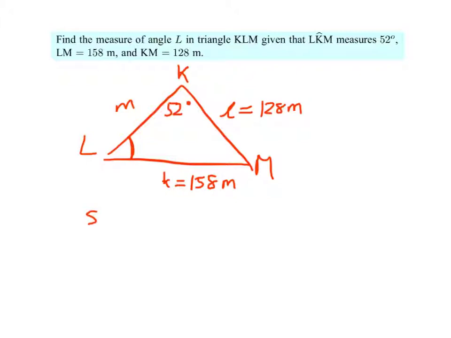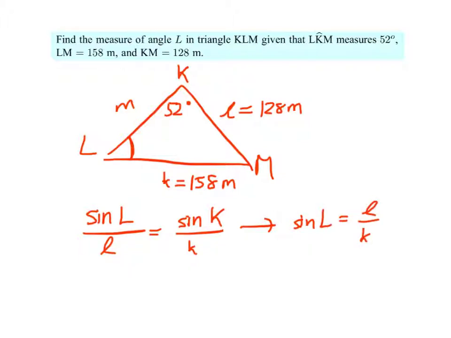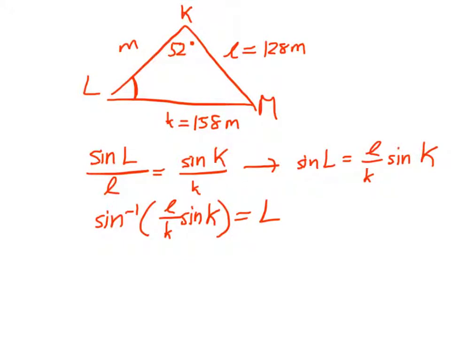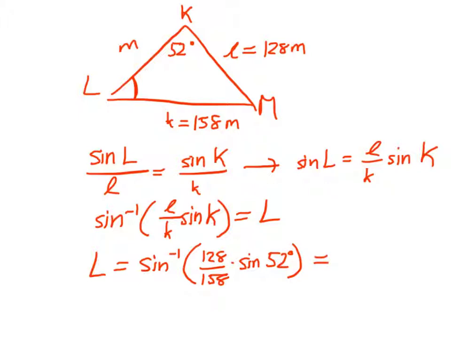So let's set up our sine rule. Again, starting with our unknown, we want sine of L over side L equals the sine of K, because that's the other angle we know, over side K. Doing a little bit of rearranging, we see that sine L equals L over K times sine K. And again, I can take the inverse sine of L over K times sine K, which equals angle L. And so now I can plug in the numbers to find L. I'm going to take the inverse sine of 128 over 158 times the sine of 52, and that gets me an angle of 39.7 degrees.